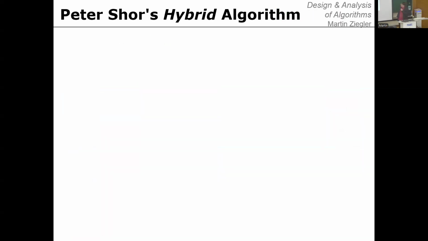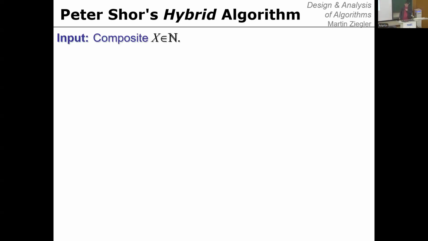So here's Shor's algorithm. Shor's algorithm is actually a hybrid algorithm. It combines classical discrete number theoretic algorithms on a sequential computer, and it makes a subroutine call to a quantum algorithm, to a quantum circuit in the sense we have just seen before.